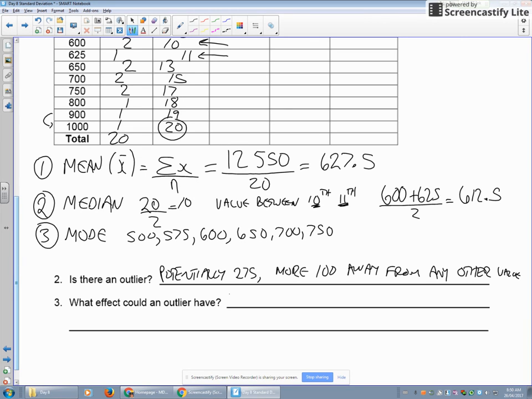It can have a small effect on the median, and then typically a larger effect on the mean.